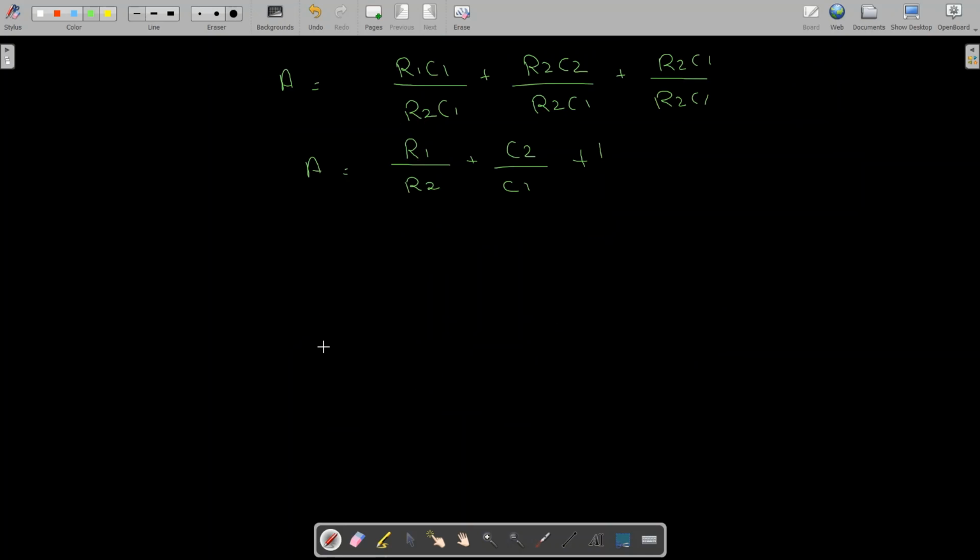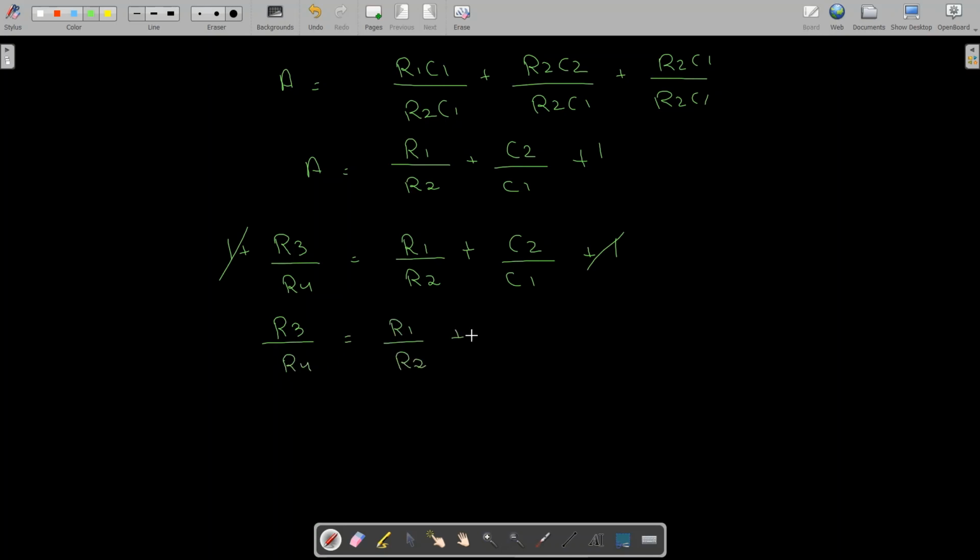Now because this is connected in non-inverting mode, the gain is 1 plus R3 divided by R4. So 1 plus R3 divided by R4 needs to be equal to R1 divided by R2 plus C2 divided by C1 plus 1. 1 and 1 are going to be cancelled out, and we are going to have R3 divided by R4 equal to R1 divided by R2 plus C2 divided by C1.